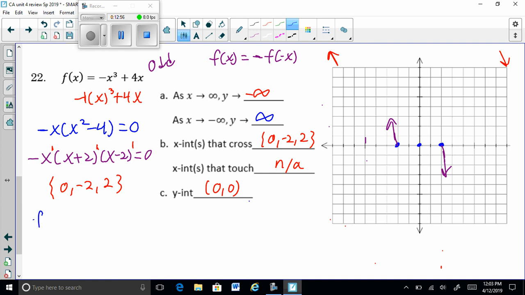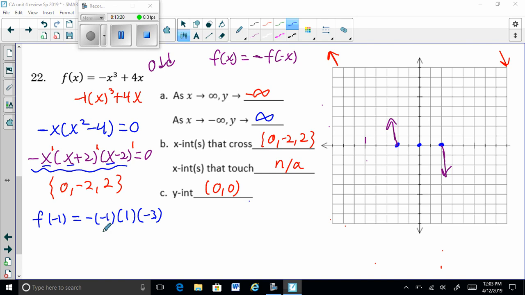So let's see if I plug in f of -1. I guess I'll plug it into the factored form like I did up on the previous one. So you're going to end up getting -1 times 1 times -3. So all I did was I just plugged in my x value for all those three parts of each factor.